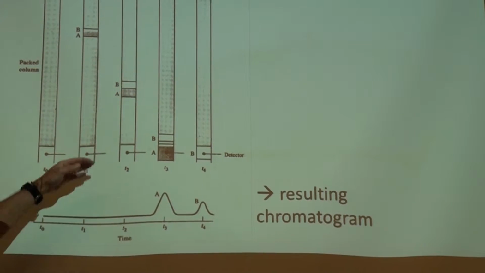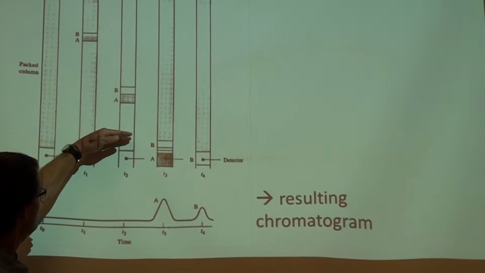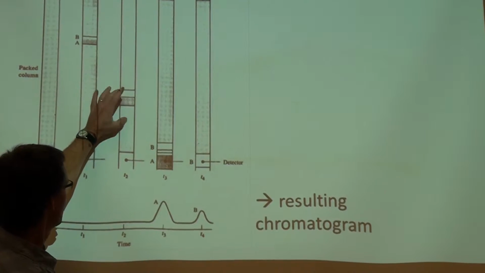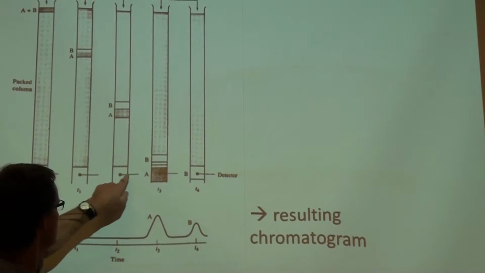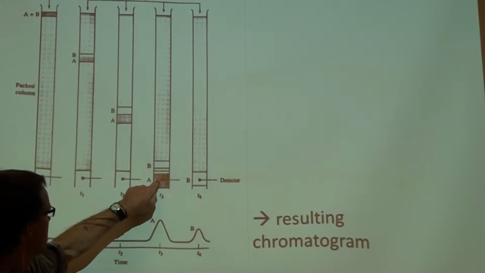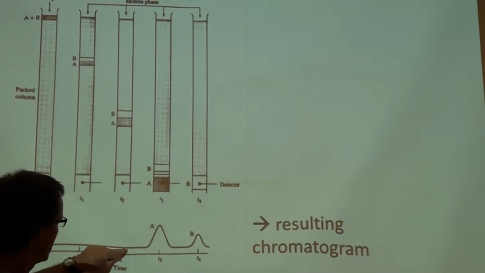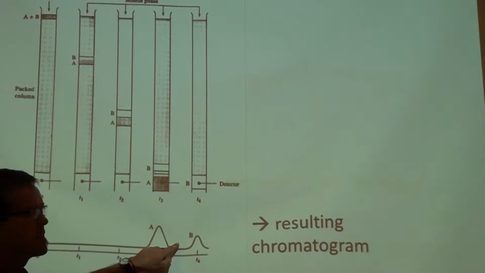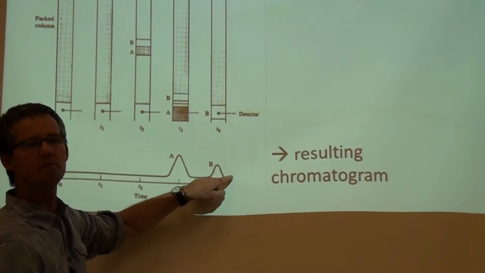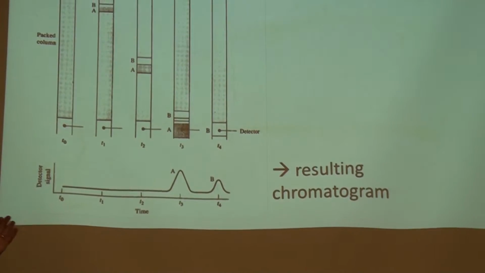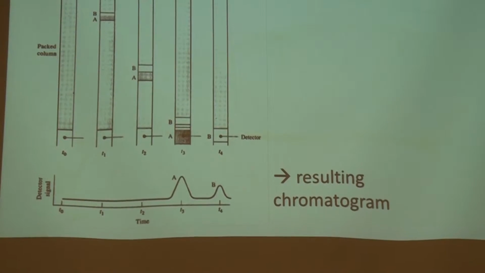The further they migrate, the more they start to separate, and finally they come out, and here's the detector. Compound A hits the detector first, and a peak arises, and then compound B follows and elutes at a later time, right? And from this very simple chromatogram, you can conclude a number of things.